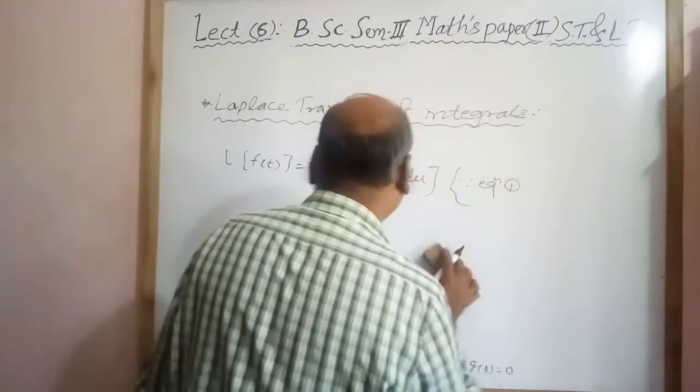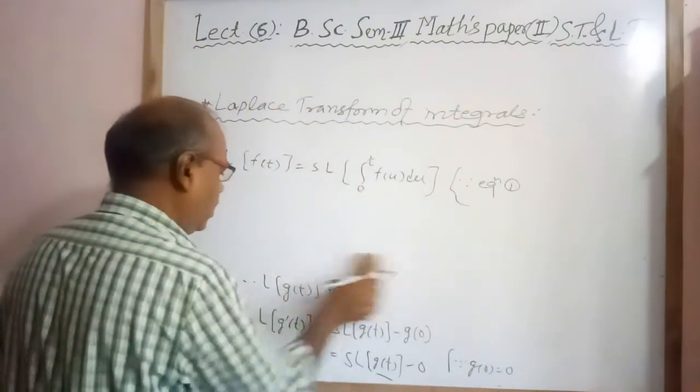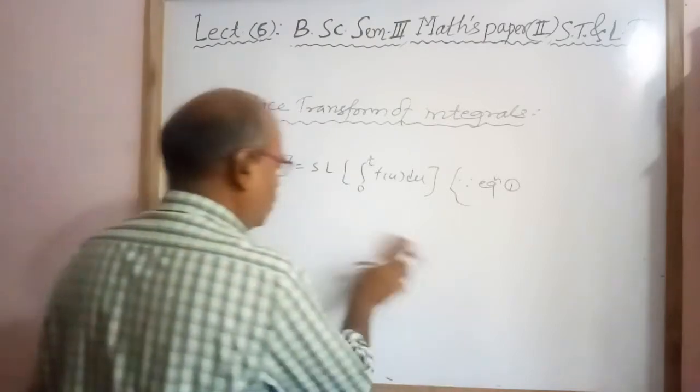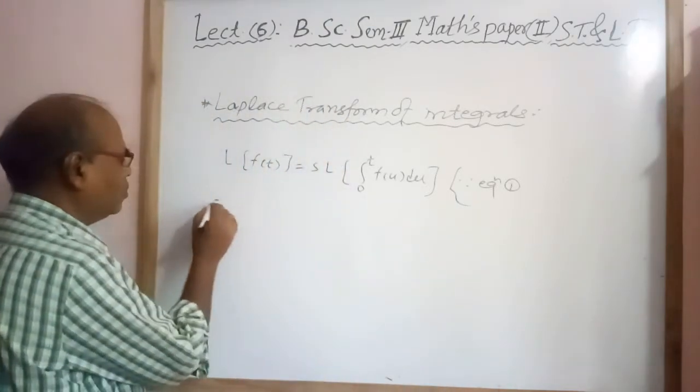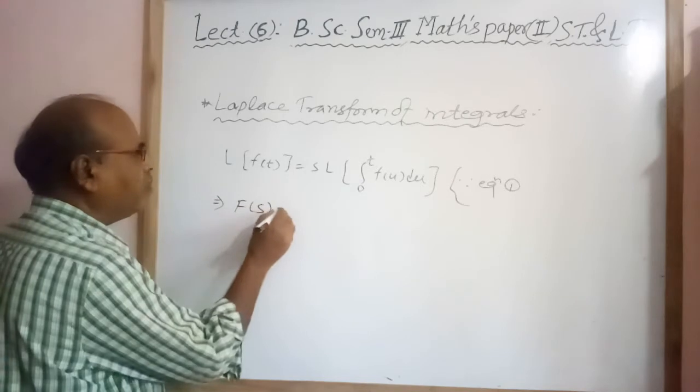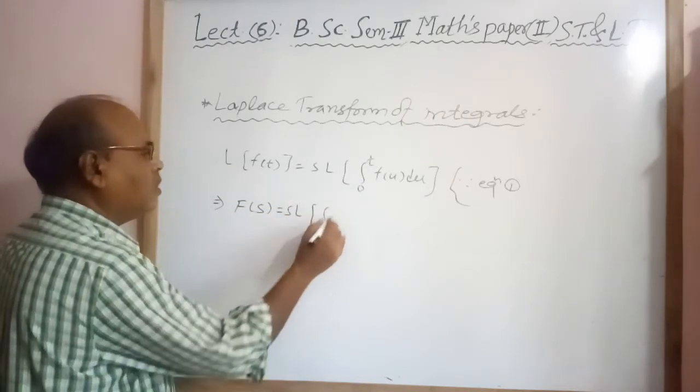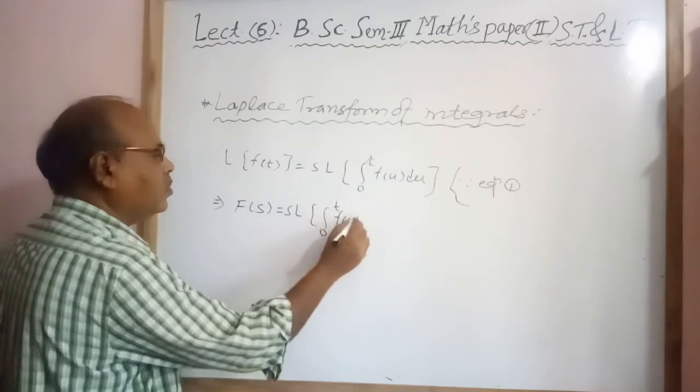Now we know that Laplace of f of t is denoted by F of s. Therefore, I write here F of s equal to s into Laplace of integration 0 to t f of u du.